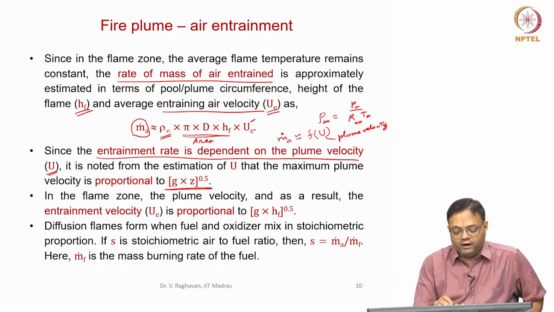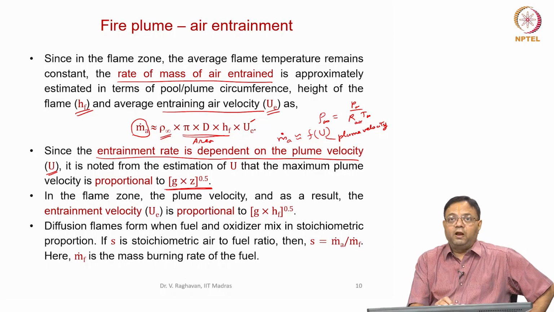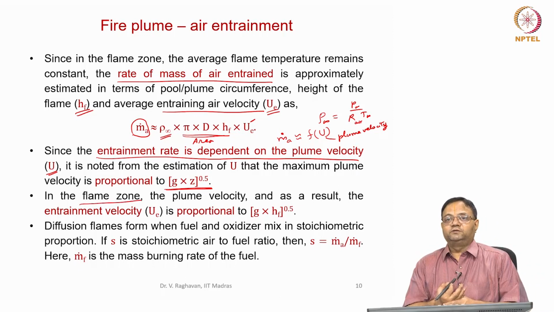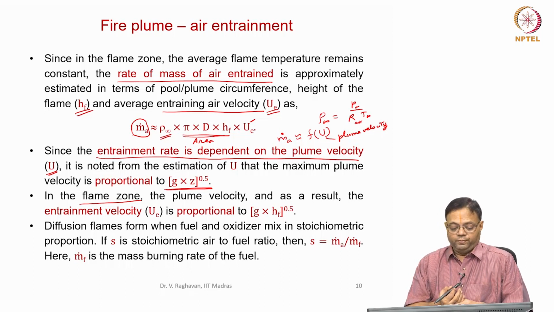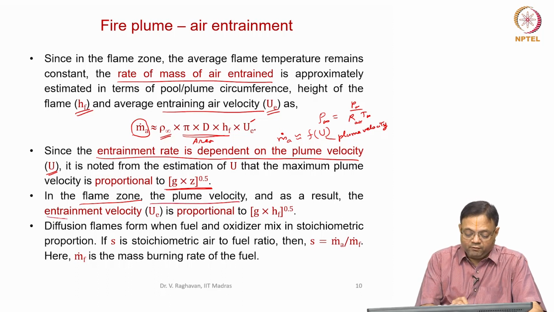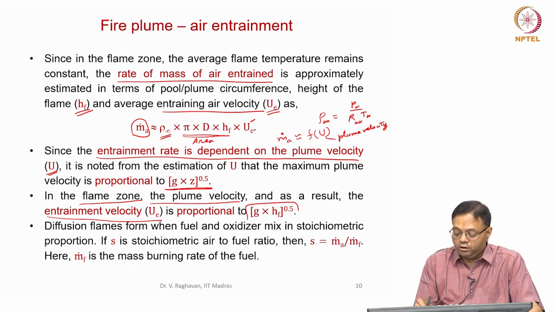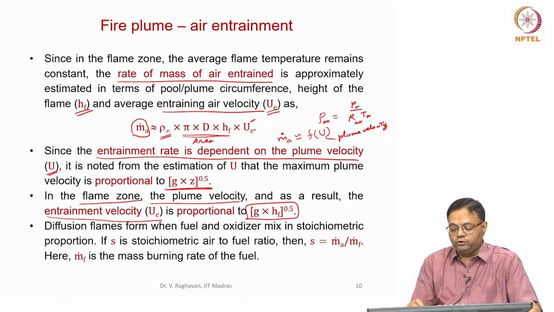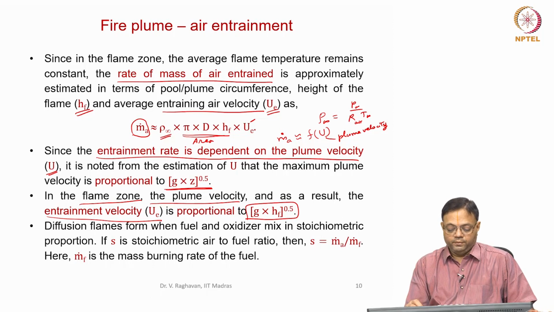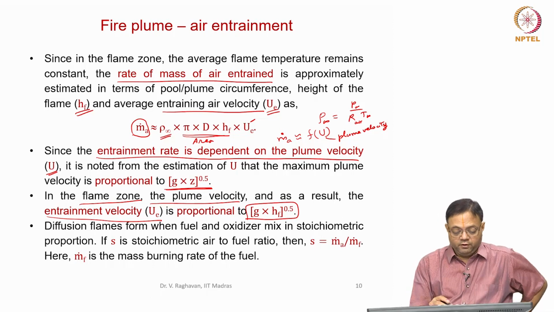Okay, now let us concentrate on the flame zone where the maximum air for the combustion entrains. In the flame zone, the plume velocity and the entrainment velocity will be proportional to what? Root of G into average flame height HF.